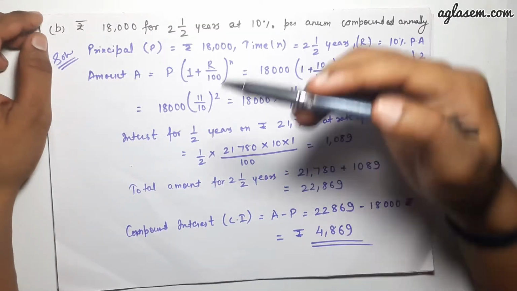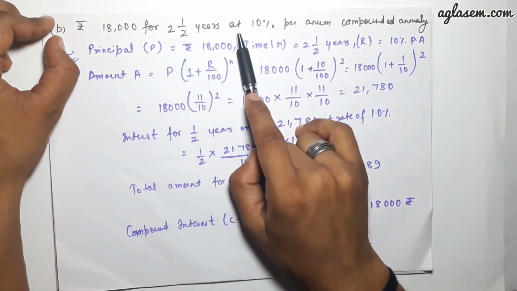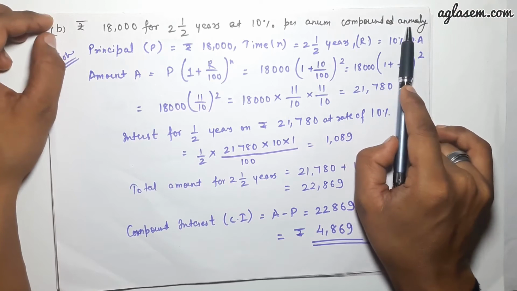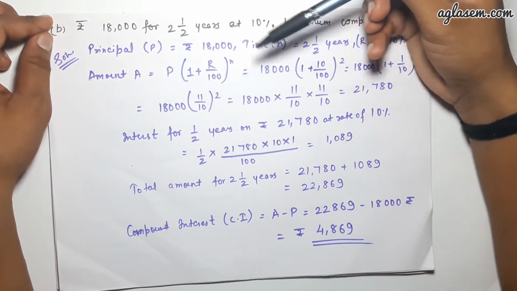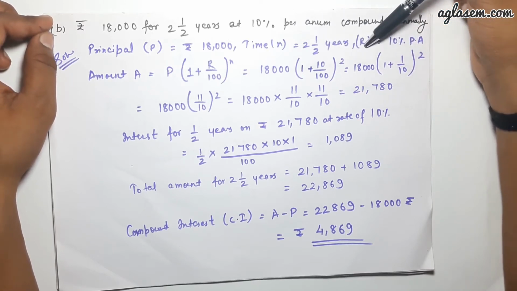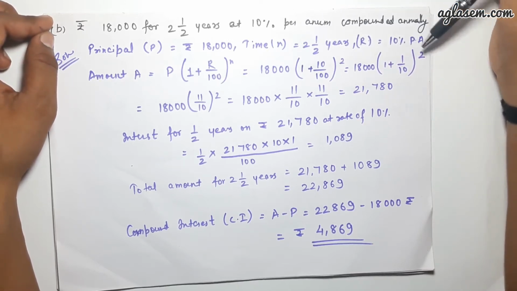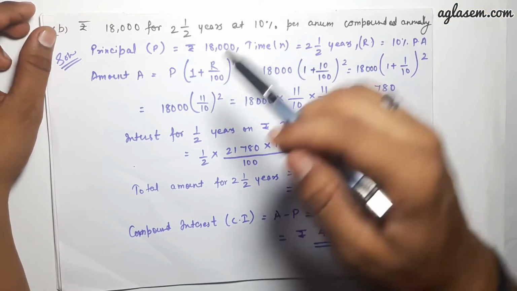Now let's come to the B part. In B part there is rupees 18,000 for 2.5 years at 10% per annum compounded annually. So here the principal amount is 18,000 and the time is 2.5 years. Rate of interest is 10% per annum. So let's find the amount.